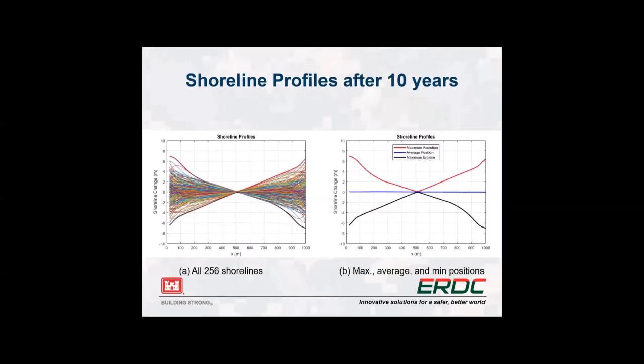So you run all the different realizations of the Monte Carlo model and you get the full envelope of potential conditions. So this is 256 different iterations of the model. Adjacent to the groins, you get anywhere from 7 meters of accretion to 7 meters of erosion, just depending on how the waves were sampled.